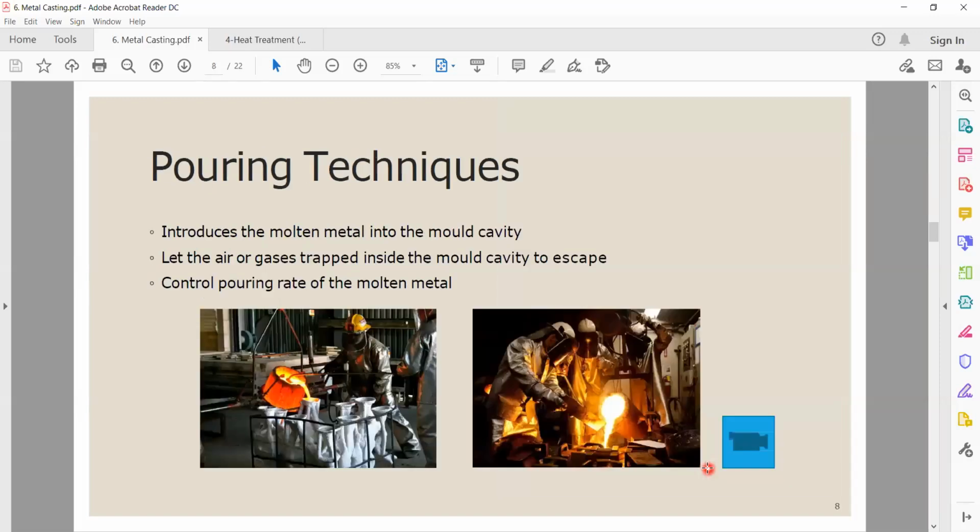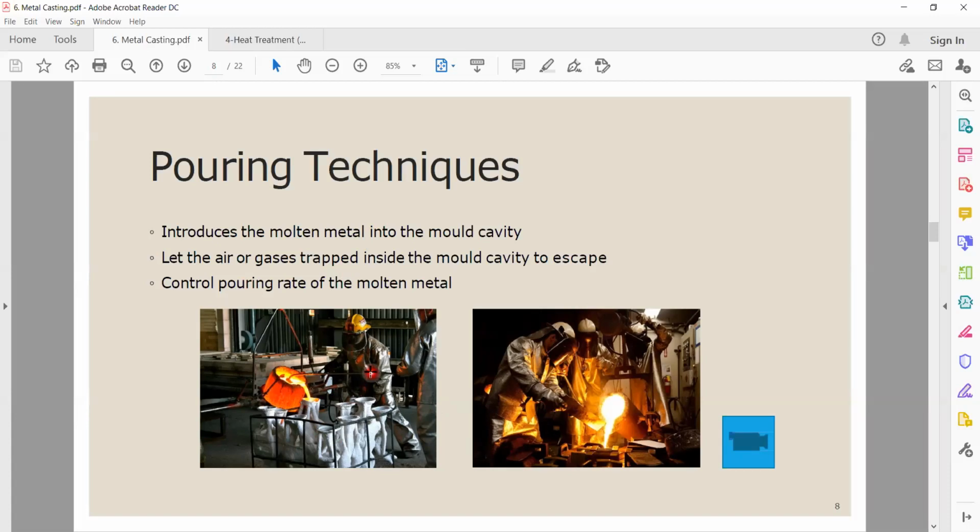Then you have melted your metal, so you have the liquid form of the metal. Then you need to pour that molten metal into your mold cavity. When you are pouring the molten metal, you need to consider two things. The pouring rate should be considered, so you have to control your pouring rate. Then, when you are pouring your molten metal into the cavity, sometimes air bubbles get trapped inside the mold cavity.